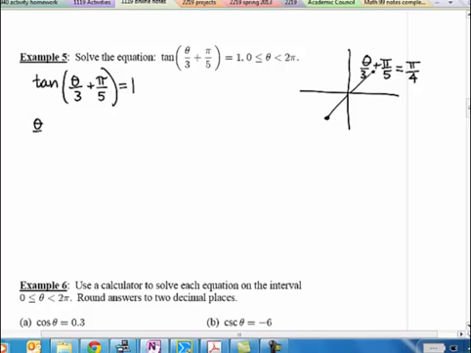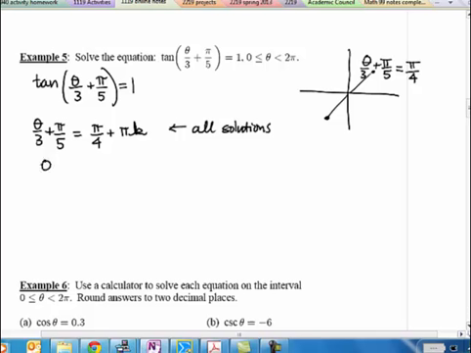So this input, if its tangent value is going to be 1, it has to be located at pi over 4 plus any integer multiple of pi added to that. So this is a set of all solutions. If theta over 3 plus pi over 5 is going to have tangent value 1, it has to be located at one of these spots.